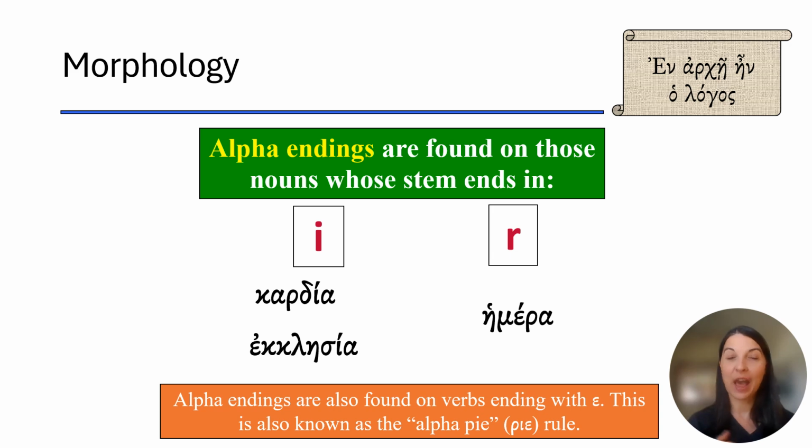And we use the alpha pi rule, the apple pie rule, to help you remember that you always use the alpha pattern with these letters. So if it ends in rho, iota, or epsilon, these three will take the alpha endings, while the others will take the eta endings in the singular.